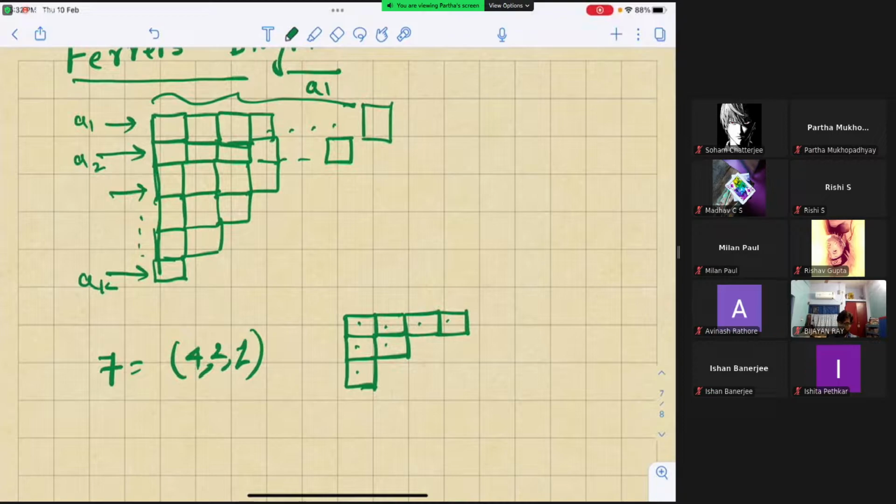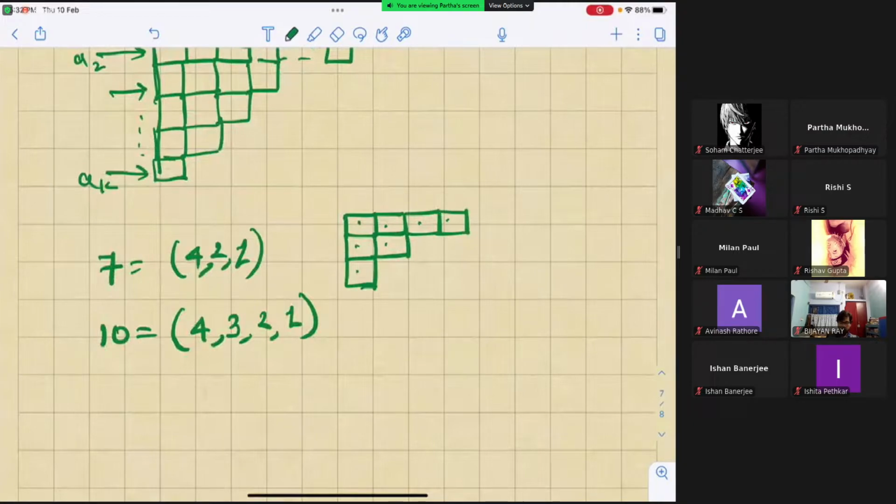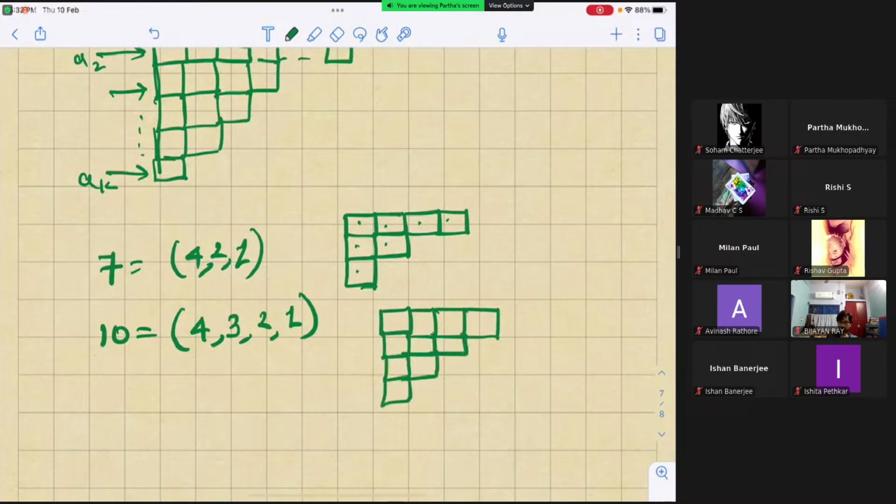Take, for example, 10 and take this partition 4, 3, 2, 1. So let's draw the Ferrers diagram. 1, 2, 3, 4. 1, 2, 3. 1, 2, 1.